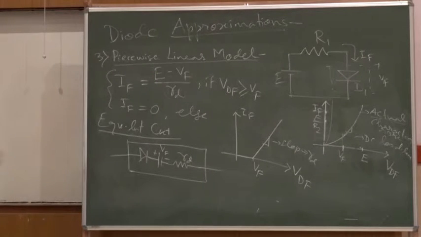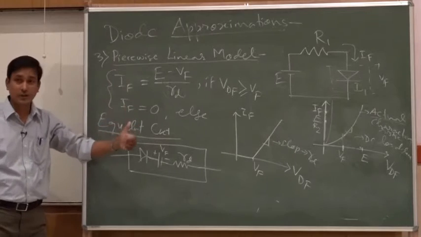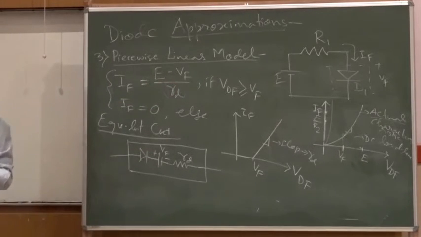What is the difference from the second model, where we consider constant voltage drop only without any RD? In that case I will say RD is 0, otherwise the remaining things are the same.